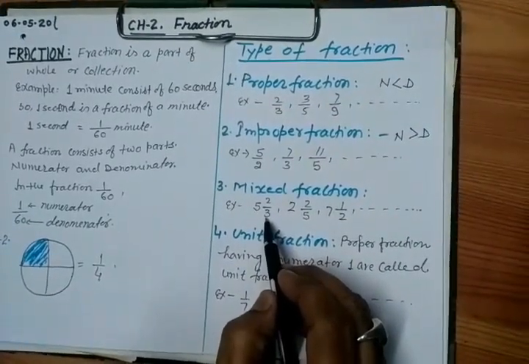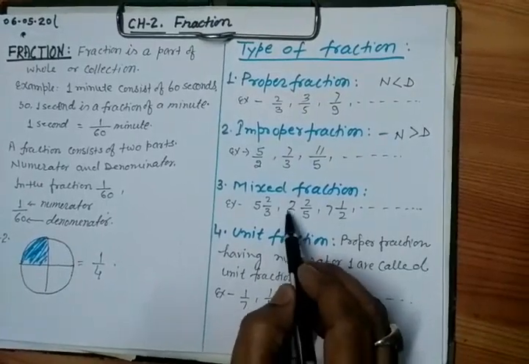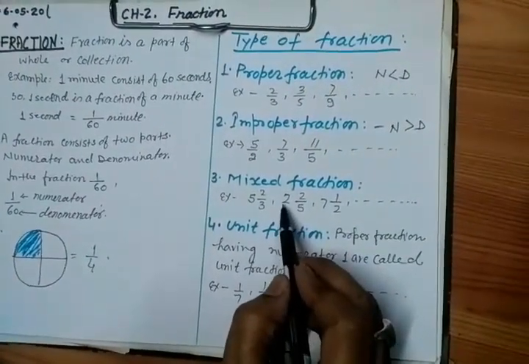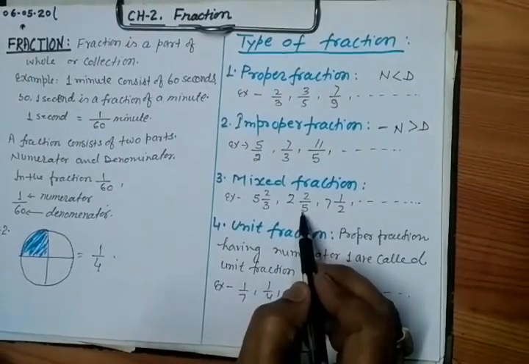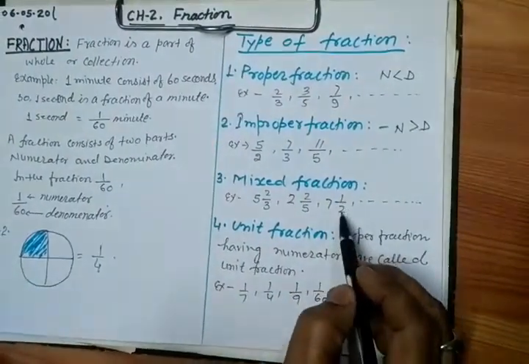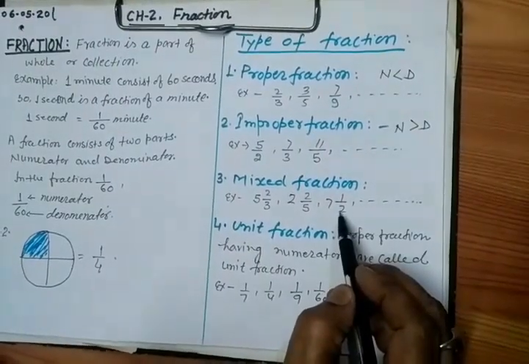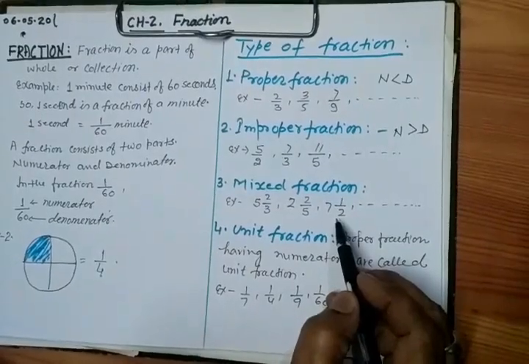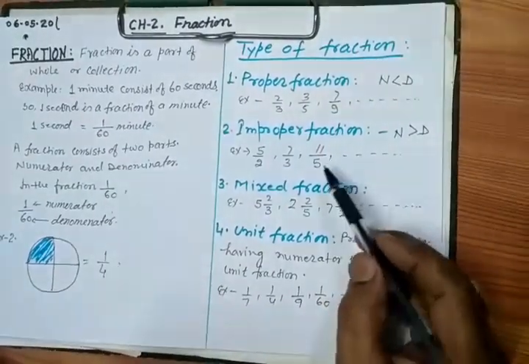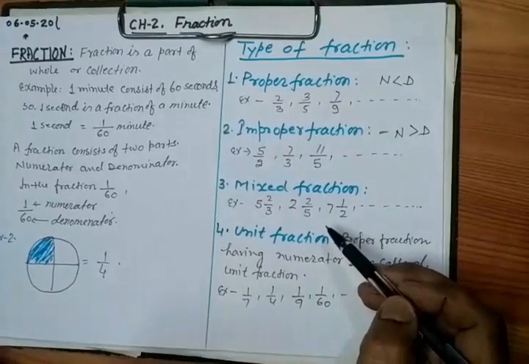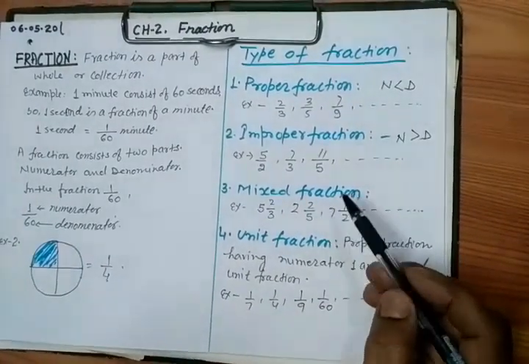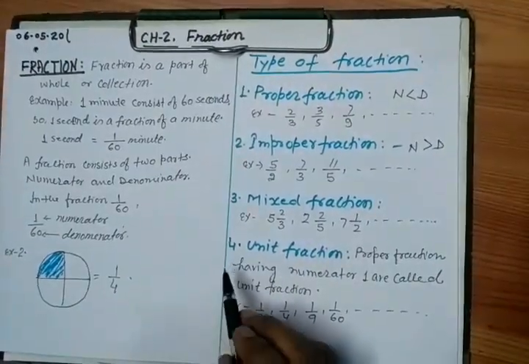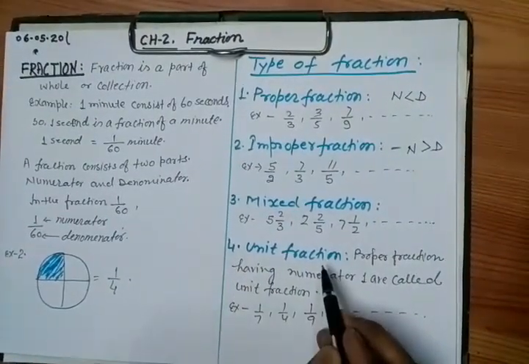That will be an improper fraction. 2 whole 2 upon 5 is 5 2s are 10 plus 2, 11 upon 5, and 7 whole 1 upon 2 is 15 upon 2. As we see, an improper fraction can be changed into mixed and a mixed fraction can be changed into improper fraction.